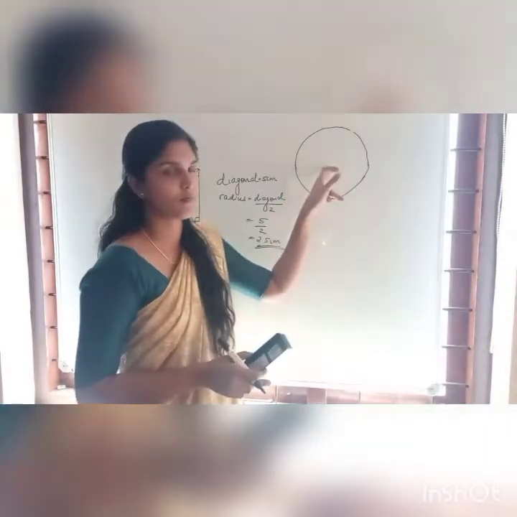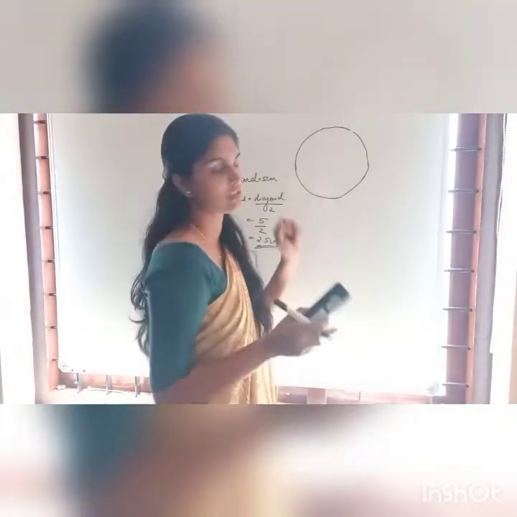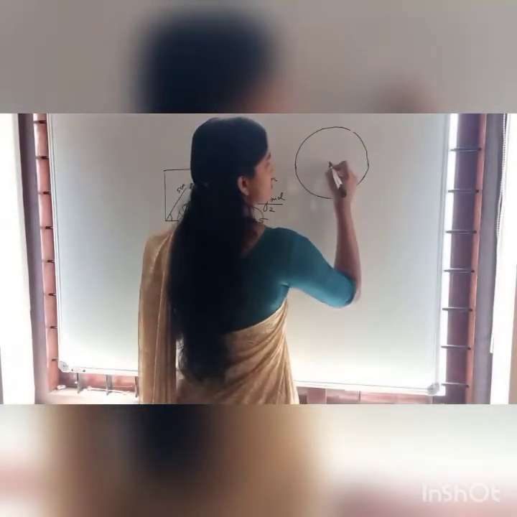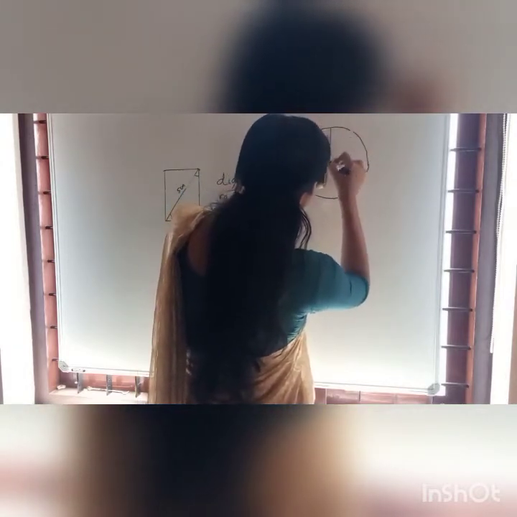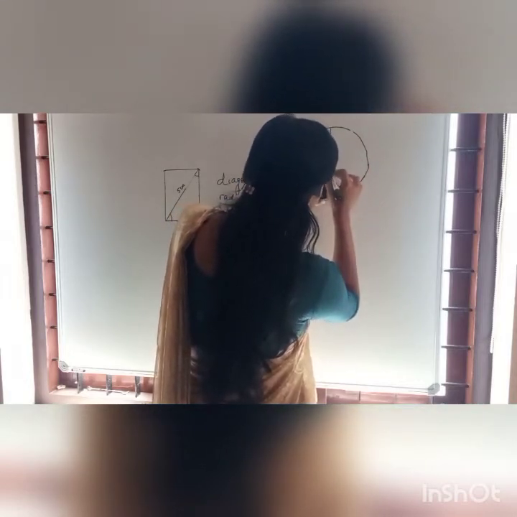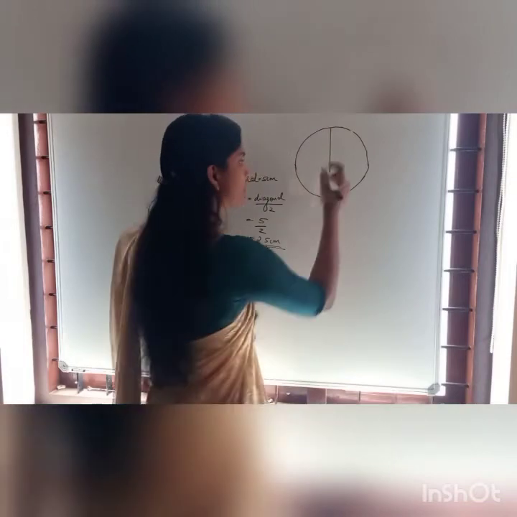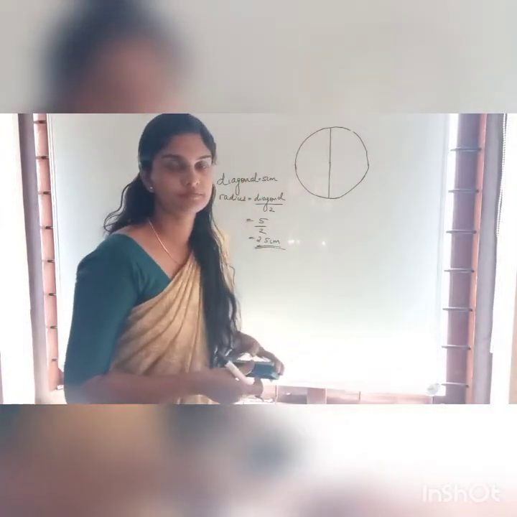The mark of the compass that will be keeping at the center. So now we have got the center of the circle also. Now mark a straight line like this, okay? Okay, this is the center also.